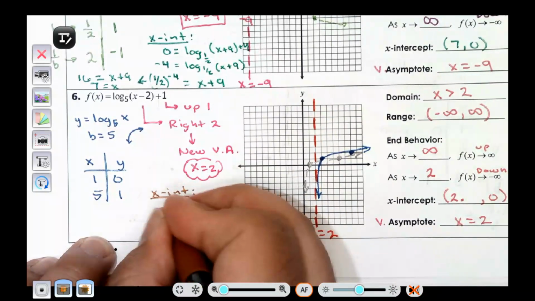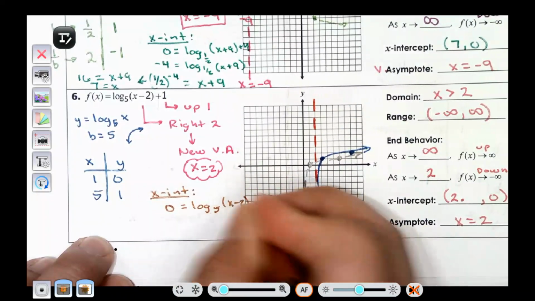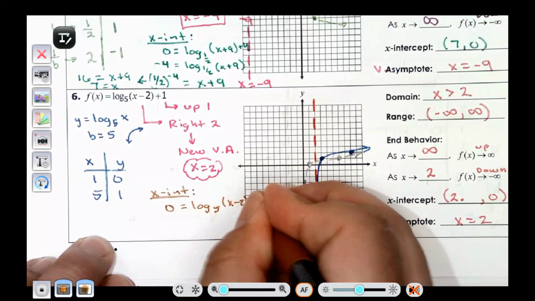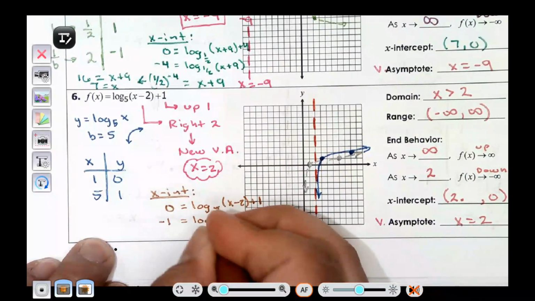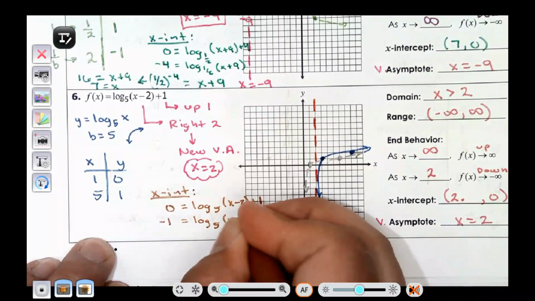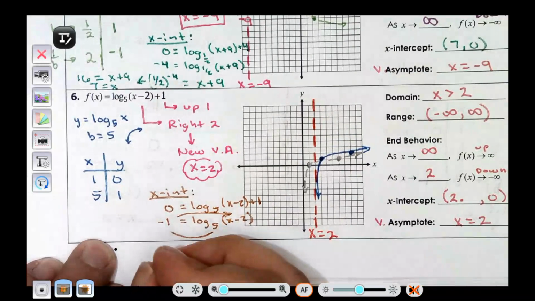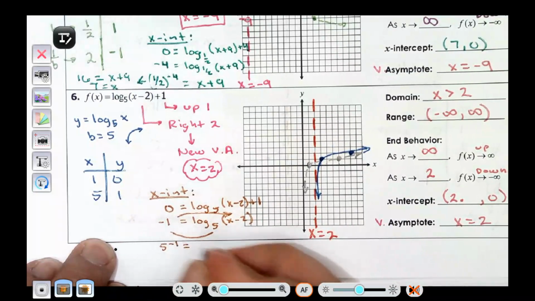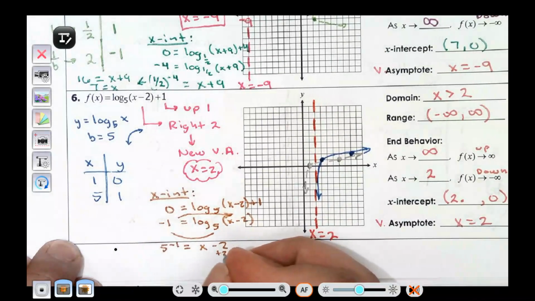X-intercept, 0 is equal to log base 5 of x minus 2 plus 1. So let me subtract the 1. Negative 1 is equal to log base 5 of x minus 2. I'm going to rewrite it. So then it's 5 to the negative 1 is equal to x minus 2. Going to add a 2.